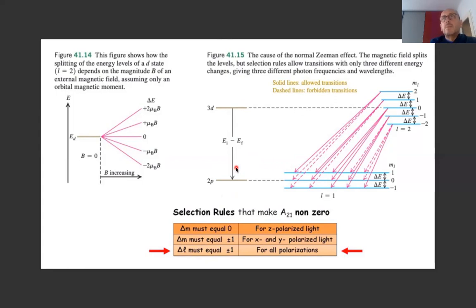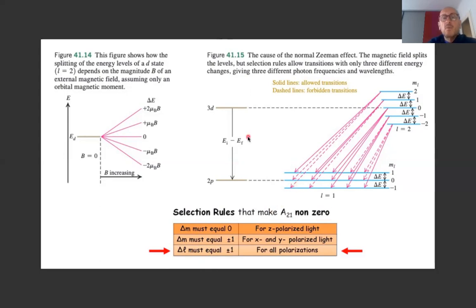What does it mean that an optical transition is possible? It means that an electron in this state can make a transition to this state emitting a photon, because it fulfills all these rules: delta M equal to 0 or plus or minus 1, and delta L plus or minus 1.